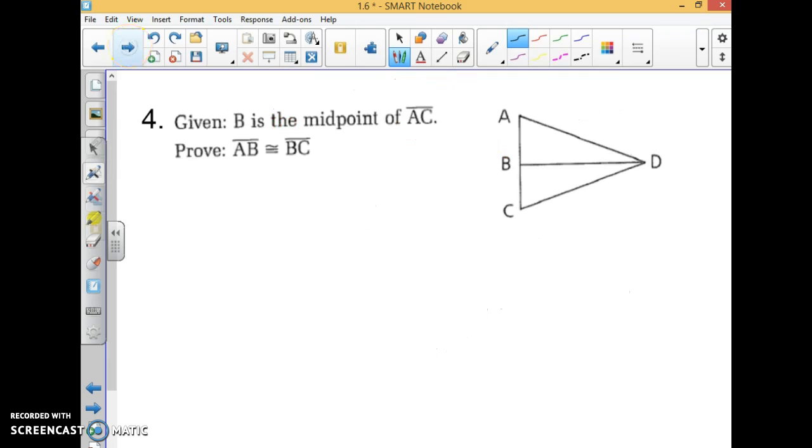I wanted to look at one more proof here. Again, label our diagram with our tick marks and go right into our proof.